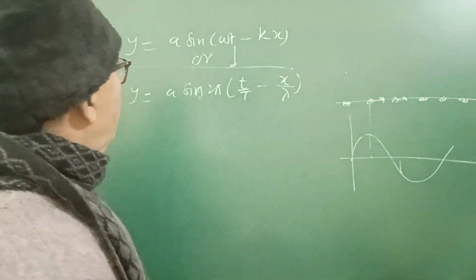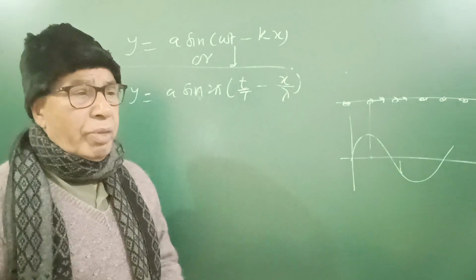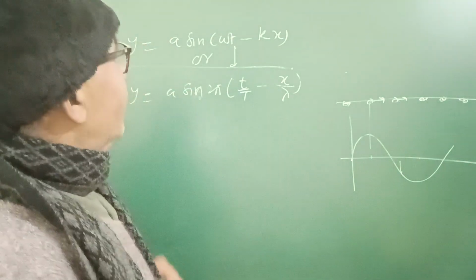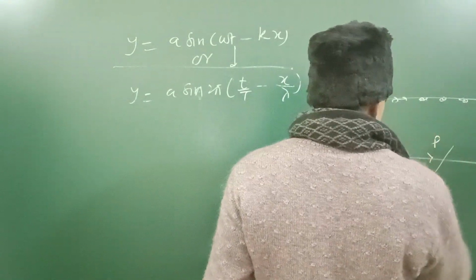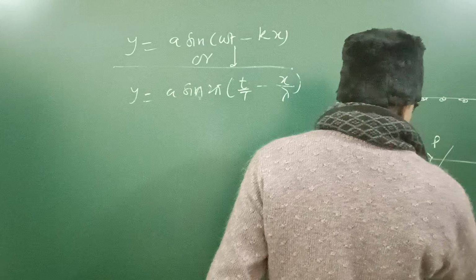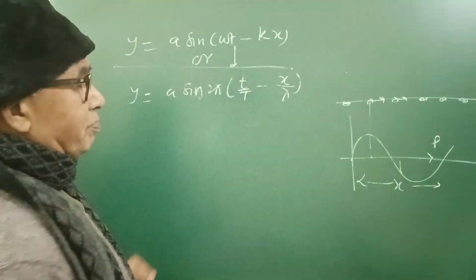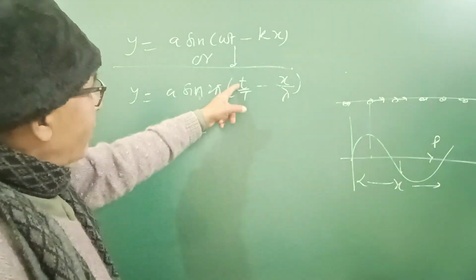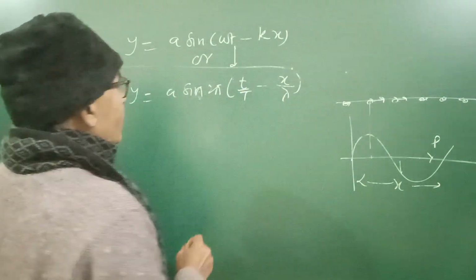So why is it called the equation of wave? Because this equation tells us the displacement of a particle of the medium at distance x from origin at time t. At time t, at distance x from origin, y is the displacement.